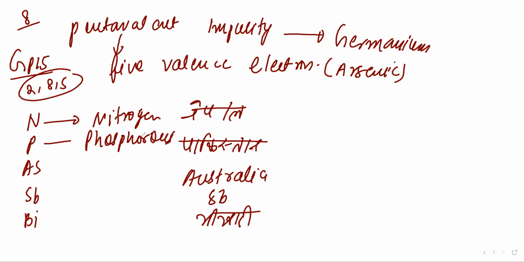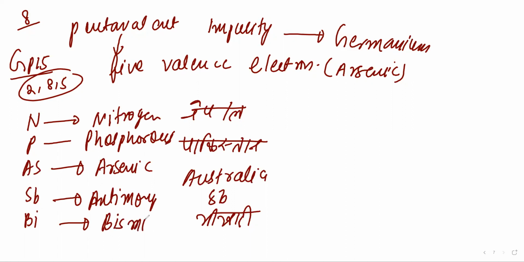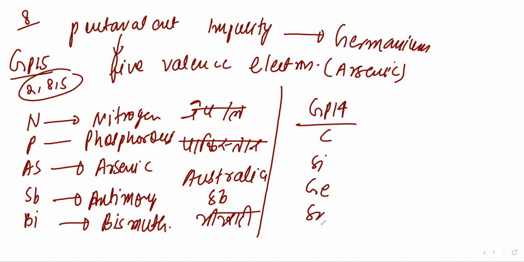When group 14 is combined with group 15, it forms an n-type semiconductor. The impurity replaces one of the germanium atoms. Four of the 5 valence electrons of the impure atom form covalent bonds. Group 14 starts from carbon, silicon, germanium, tin, lead.